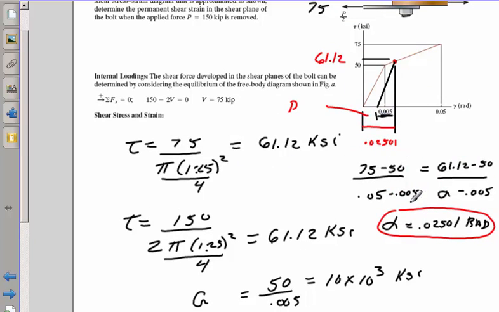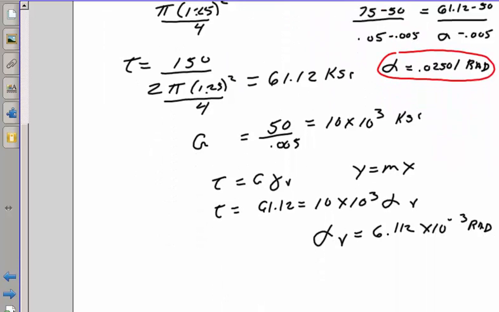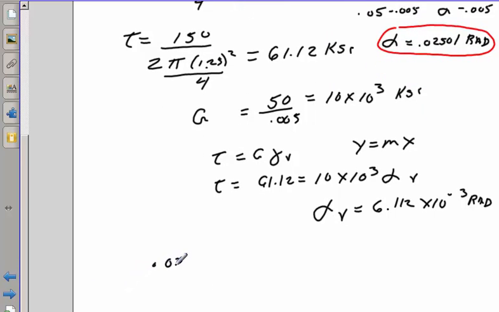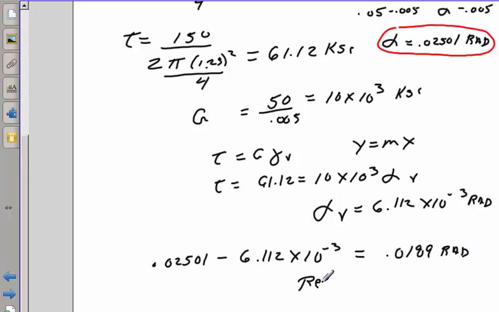So now all you have to do is take the value calculated earlier, the 0.02501, subtract 6.112 times 10 to the minus 3, and that'll give you 0.0189 radians. And that's going to represent your permanent set.